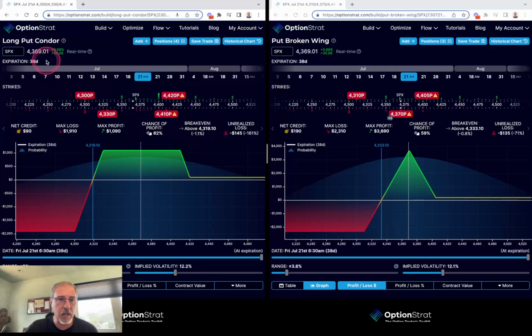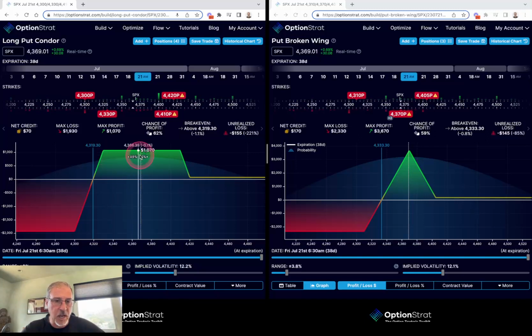I like to show all of these examples in SPX, and we're at, call it, 4370 today. So I want 4370 to be in the center of my tent, if we want to call it that. Over here, you can see I'm pegged exactly in the center of the tent. Over here, I'm pretty close to being the center of the tent.